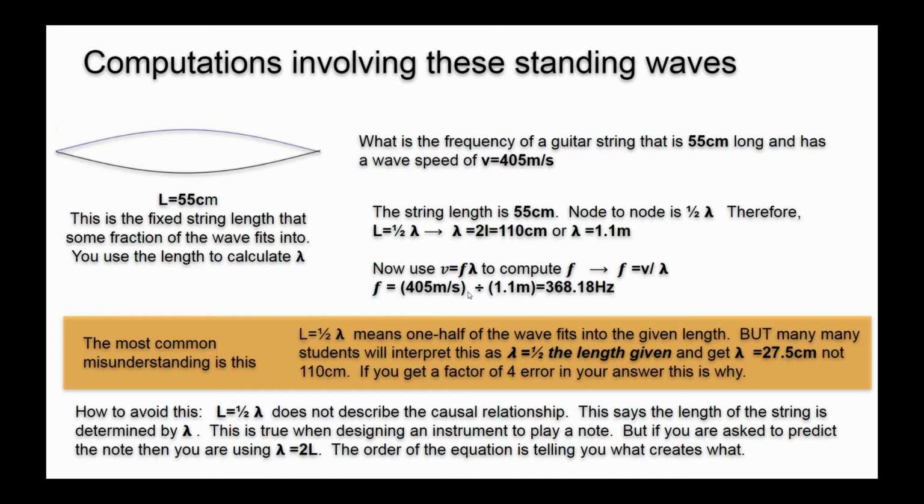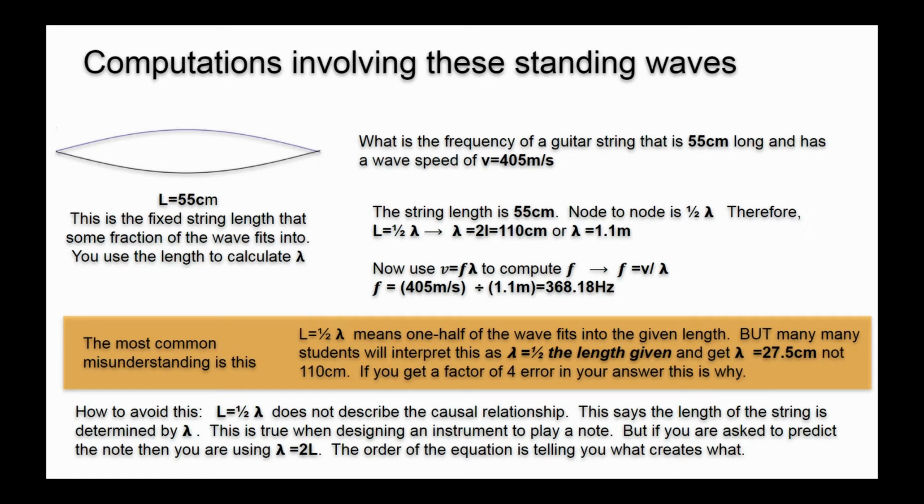The most common mistake is with this, L equals 1/2 lambda. For some reason, most students will say, oh, if the length is 1/2 lambda and that's 55 centimeters, then I'll just divide by 2 to get my answer. I don't know why this formula causes that to happen, but when I say length is equal to 1/2 lambda, if it was any other formula, you'd immediately go lambda equals 2L.